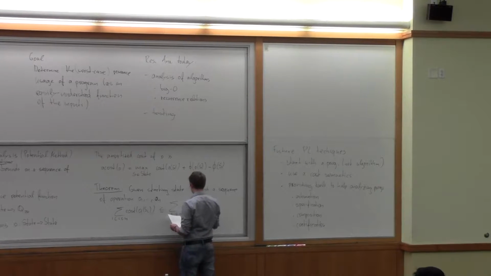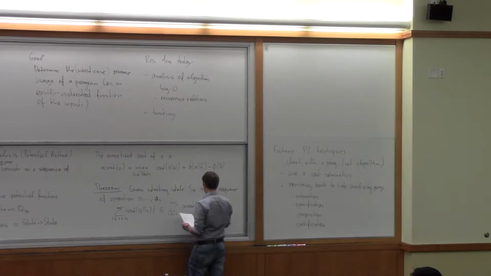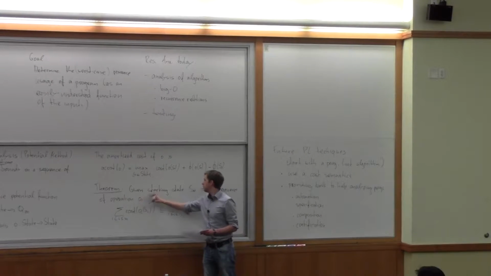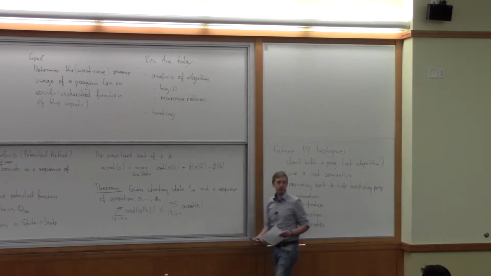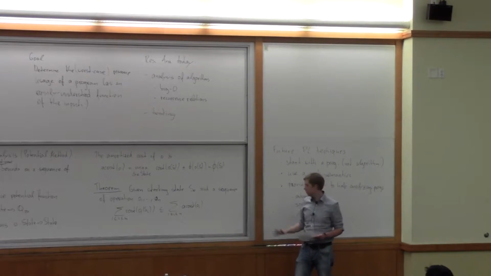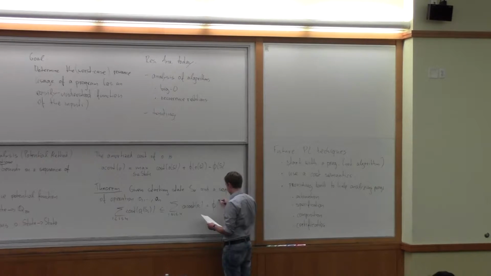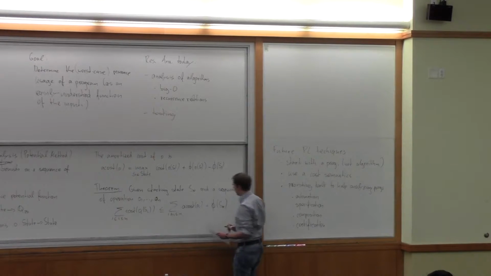Could be different operations, right? There might be different operations in the data structure, so the O_i might not be the same operation all the time. So that's why I write it like that. Plus the potential at the starting state.